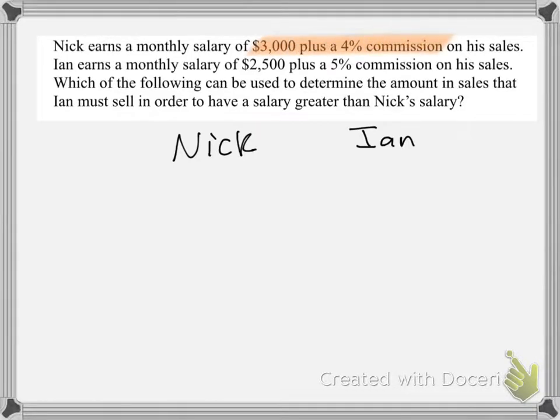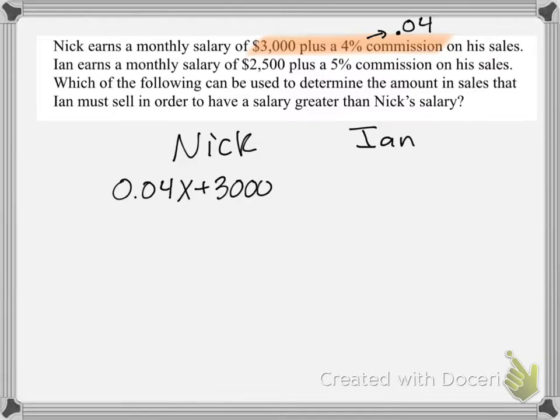So for 4%, I need to put that into a decimal. And to write that as a decimal, we're going to move our decimal place 2 over. So it'll be 0.04. So we're going to use 0.04x, right, plus your 3,000 salary, right?